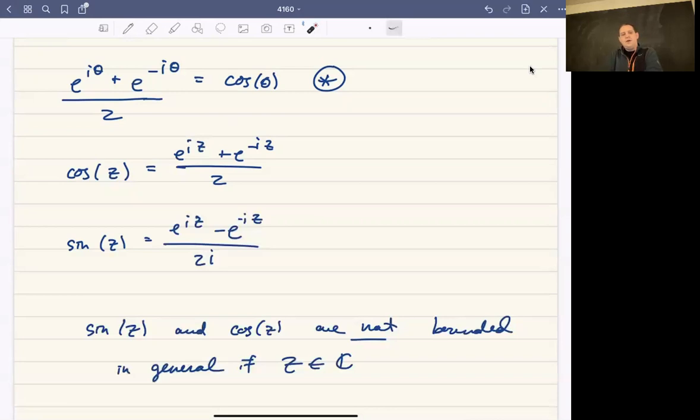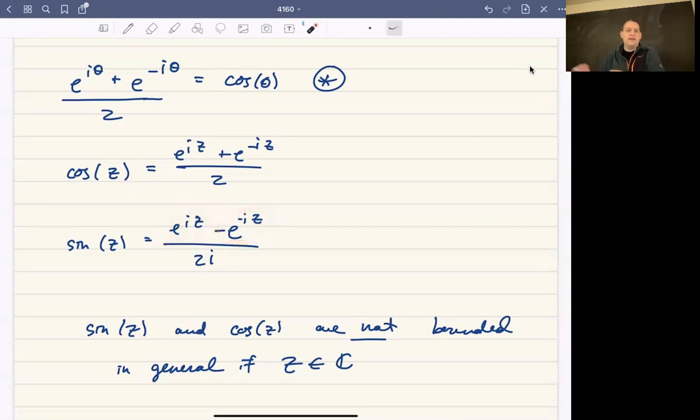However, if your inputs involve imaginary parts, so in other words, if you plug in a complex number x plus iy, where y is non-zero, then what happens is when you plug in an imaginary number, these iz's become, this would be like e to the minus y, and this would be e to the y.